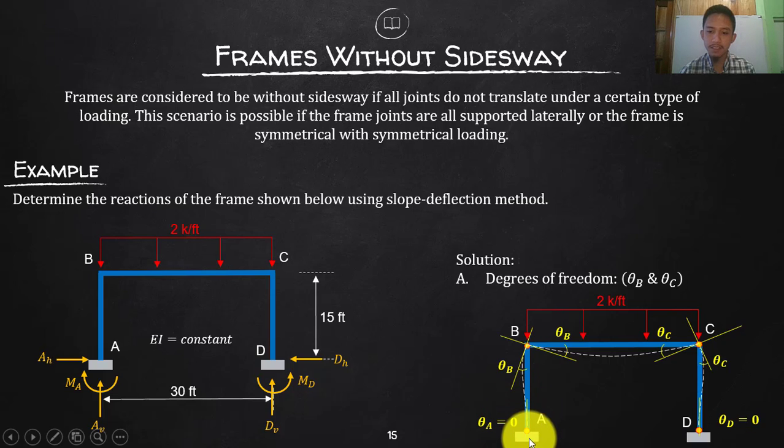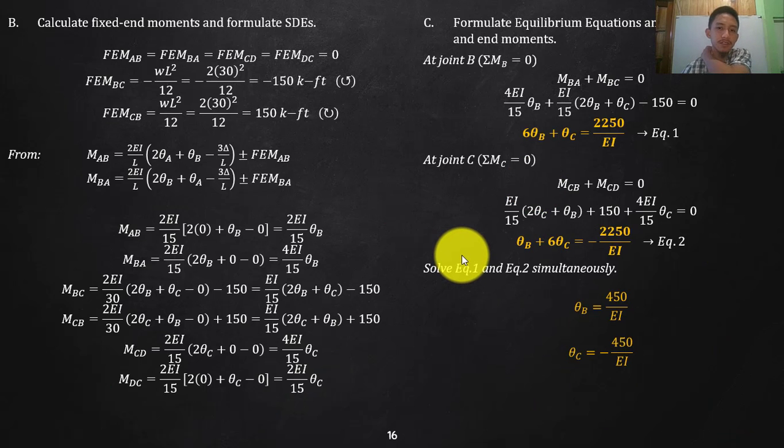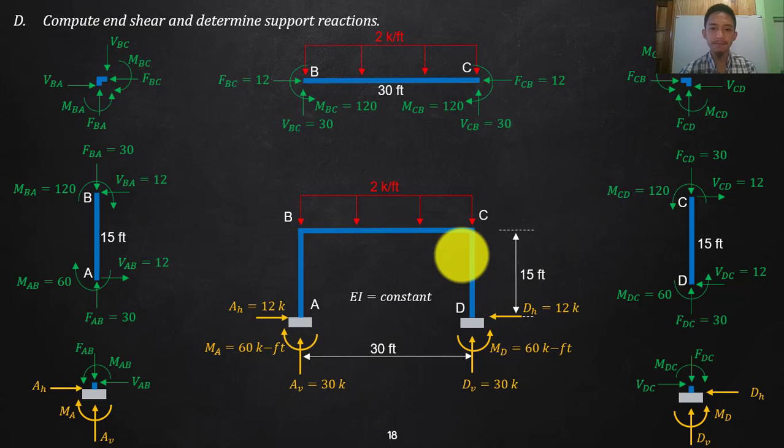So the tangent there therefore will be 0. The same thing here, since the moment here is counterclockwise, so that will try to deflect back your deflection supposedly if that is not fixed. Okay, so that is our frame here.